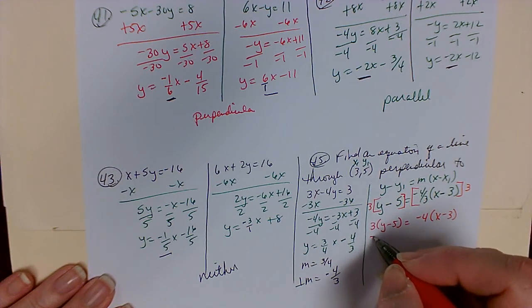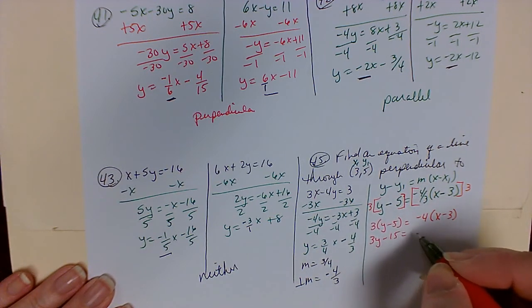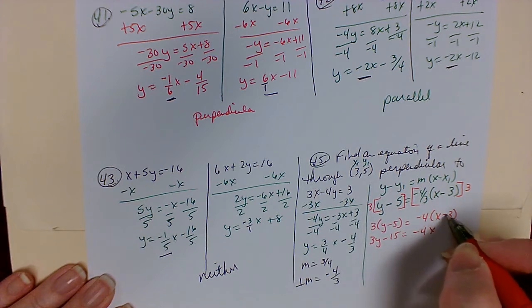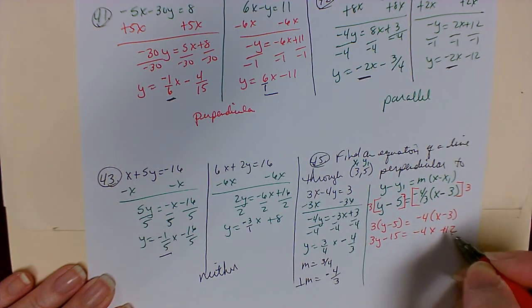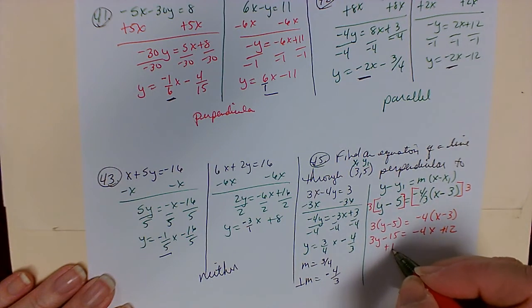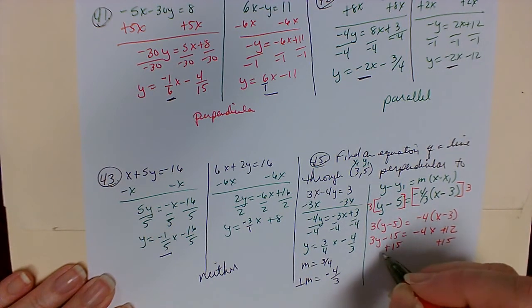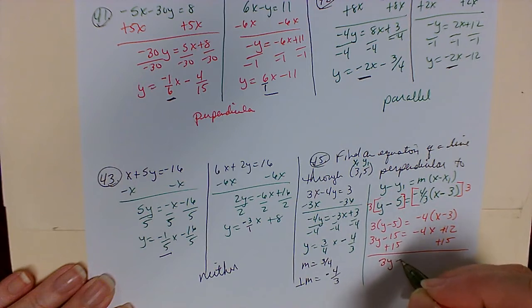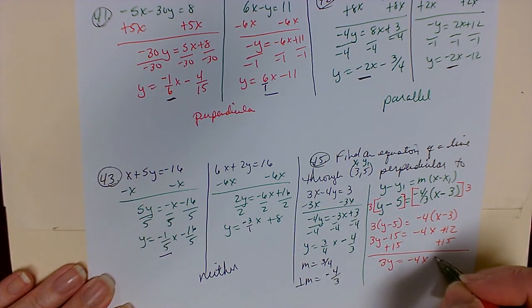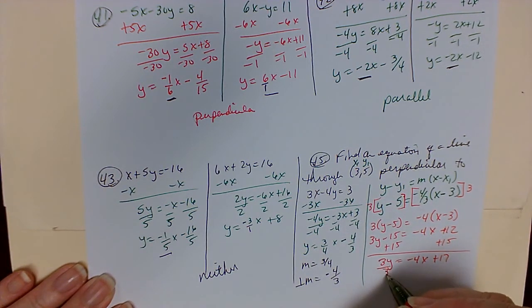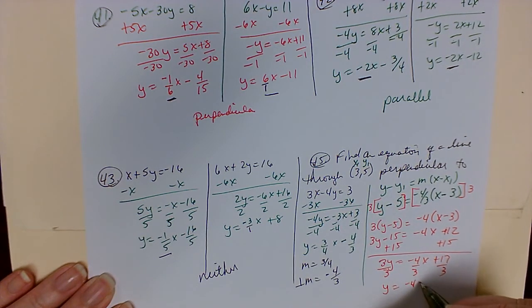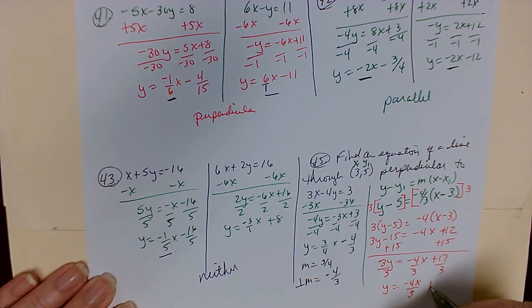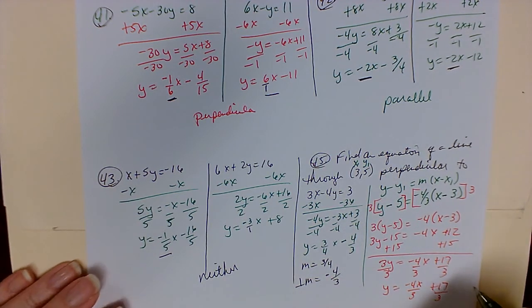So now I'm just going to distribute. So 3y minus 15 equals negative 4x, and negative 4 times negative 3 is positive 12. Add my 15 over, and I get 3y is equal to negative 4x plus 17, and divide each term by 3, and y equals negative 4x over 3 plus 17 over 3.